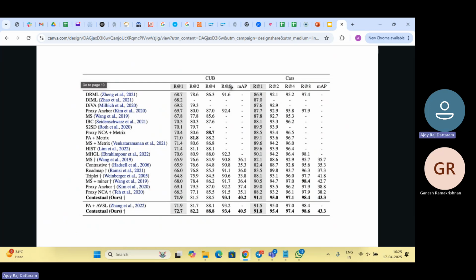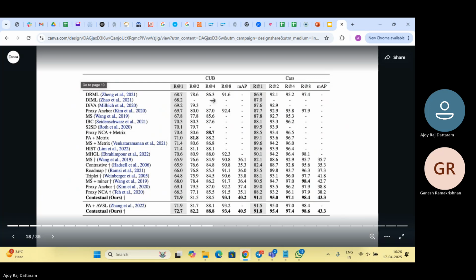These are two data sets. Acha, the R1, yeah, triplet loss.